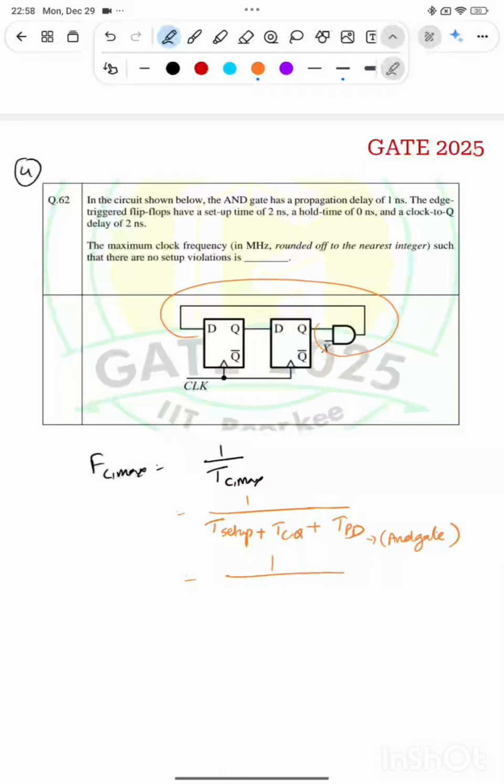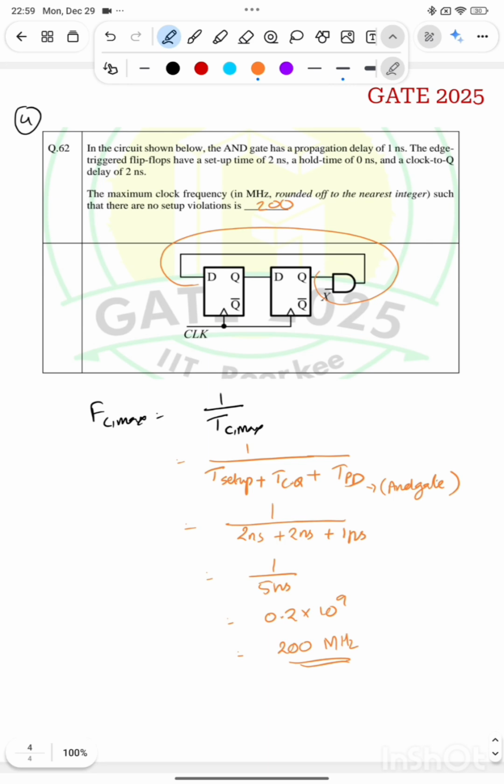So we'll have the setup time as 2 nanosecond given plus clock to Q is 2 nanosecond and propagation delay is 1 nanosecond, right. So it is 1 by 5 nanosecond, or it is equal to 0.2 into 10 power 9, right? Or in megahertz it is 200 into 10 power 6, or 200 megahertz. So answer is 200. Fine. Yeah, so that's all for today.